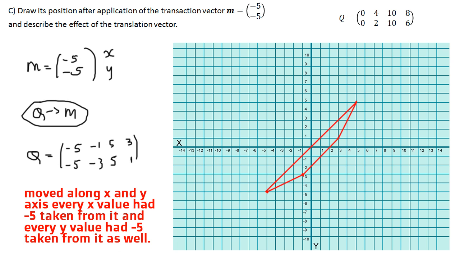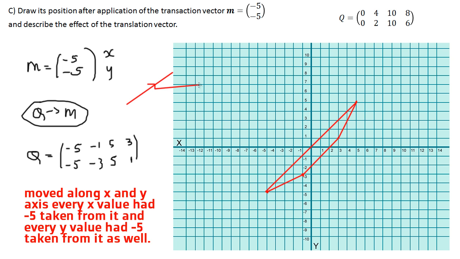Now, a vector is a line. A vector is not a matrix, though it is a sort of matrix. A vector has a direction. This is a vector that goes positive. Now, this is a vector that goes negative.